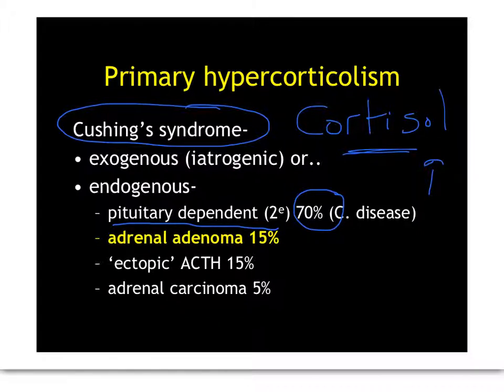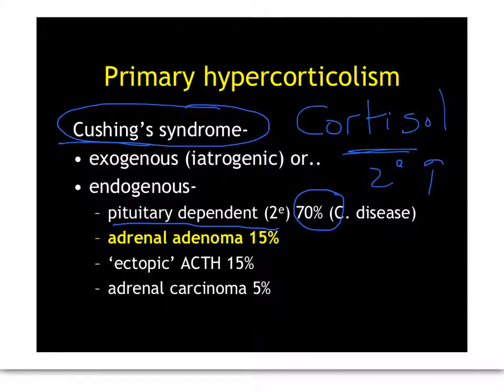So you can think of it really as secondary hypercorticolism, secondary because it's occurring as an indirect consequence of the high level of ACTH. So that's by far and away the commonest reason, endogenous reason I should say, for people to have Cushing's syndrome.